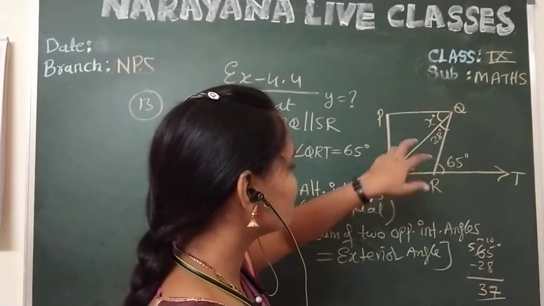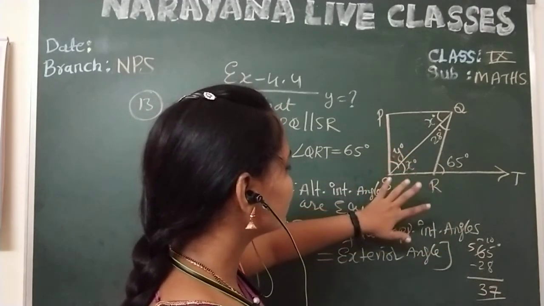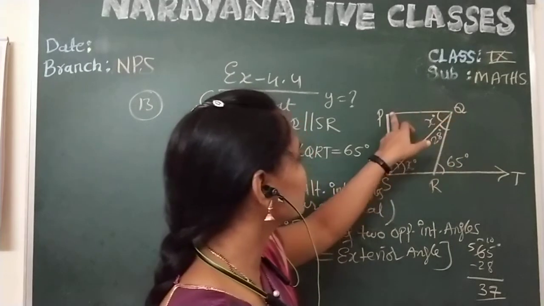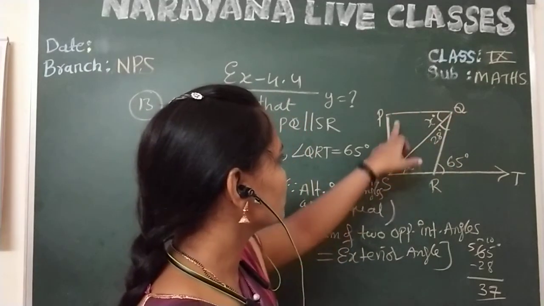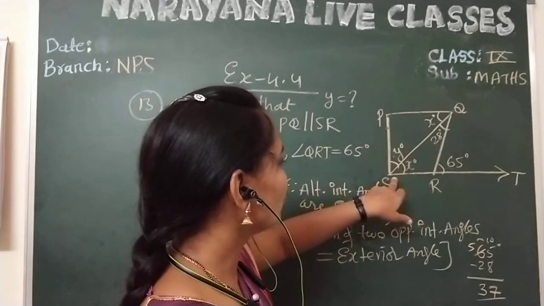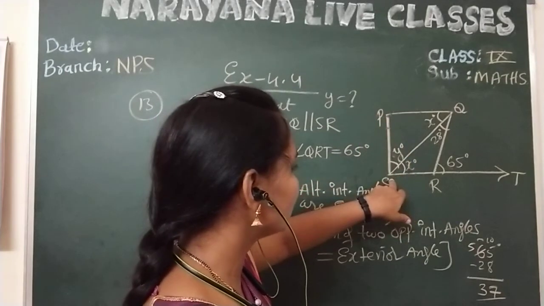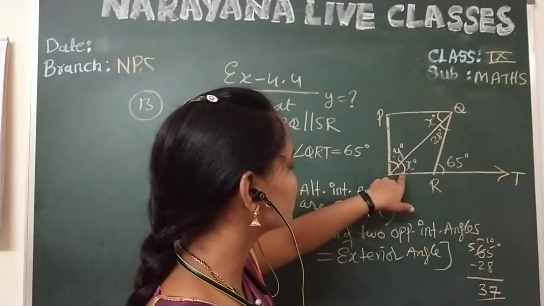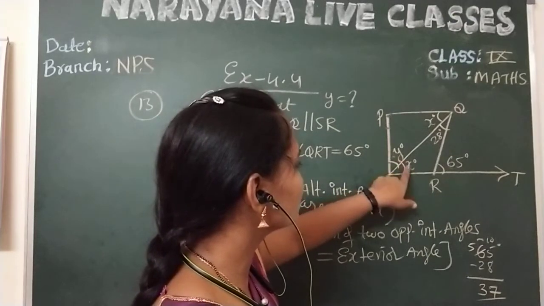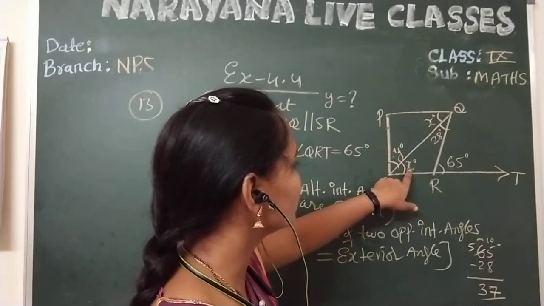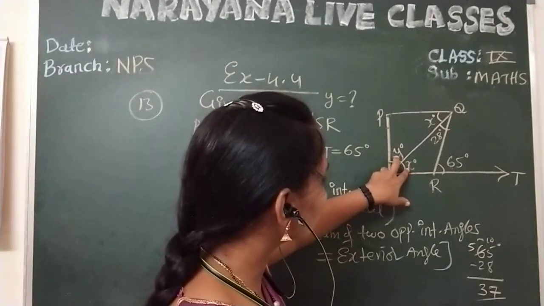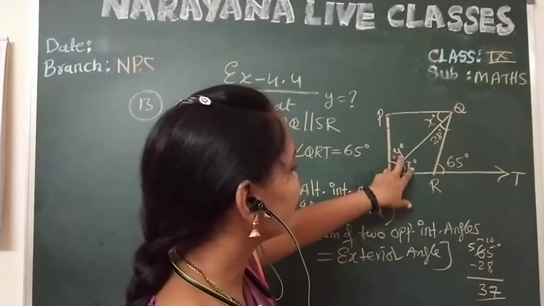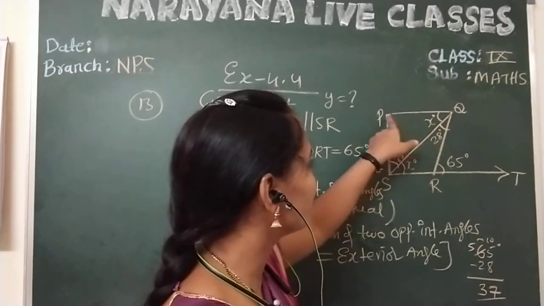How can we find it? By using which condition? Very simple. PQ is perpendicular to PS, so it is 90 degrees. Angle P is equal to angle S, that is 90 degrees. So the sum of these two interior angles is equal to 90, because this is a perpendicular.